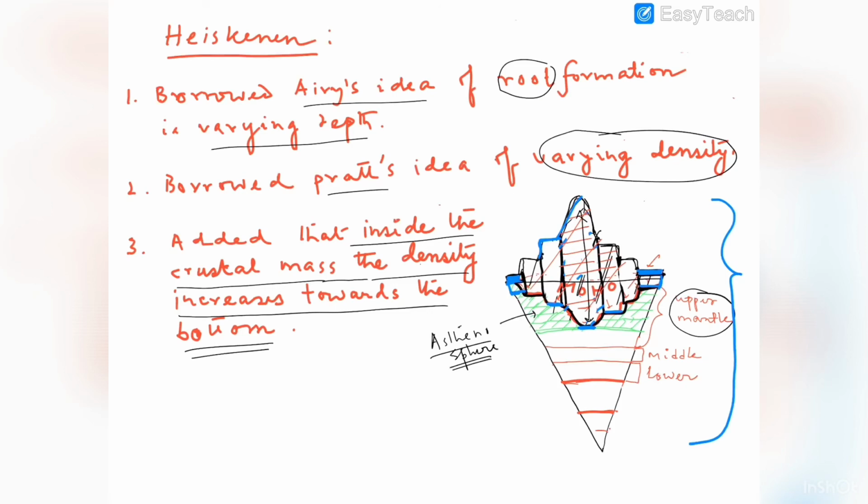And then came Joly who again reverted back to George Airy's theory, and he gave the idea of a zone of compensation which is 16 kilometer thick. And then at the end comes Heiskanen who did the reconciliation between George Airy and Pratt, right? And that's how in the end we get this real diagram.